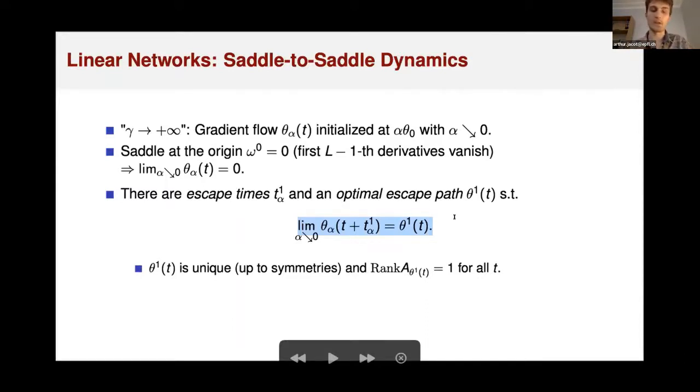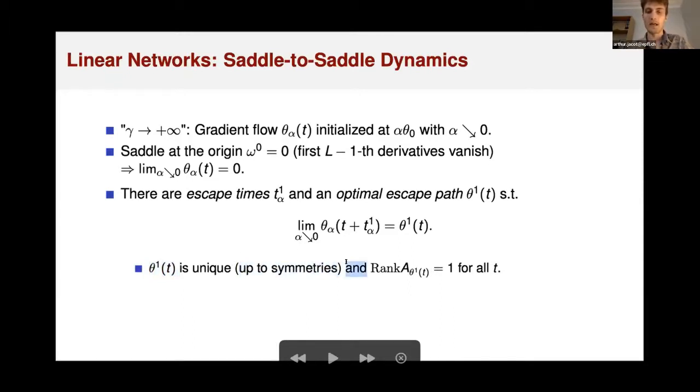And one thing which is really nice that follows from the structure of neural networks is that this optimal escape path is unique up to symmetries. Here for linear networks, there are a bit more symmetries than just the permutations that were already mentioned in previous talks. In linear networks, you can also take any rotation, any orthogonal transformation of the hidden layers, right? So this optimal escape path is unique up to symmetries under some assumption, of course.